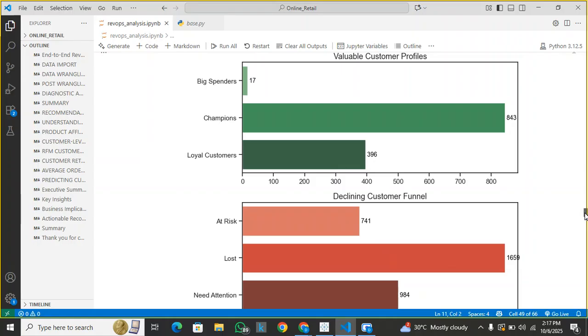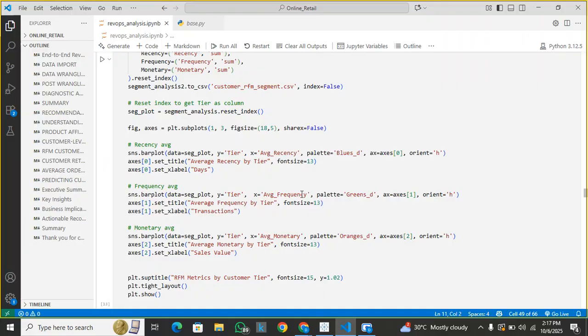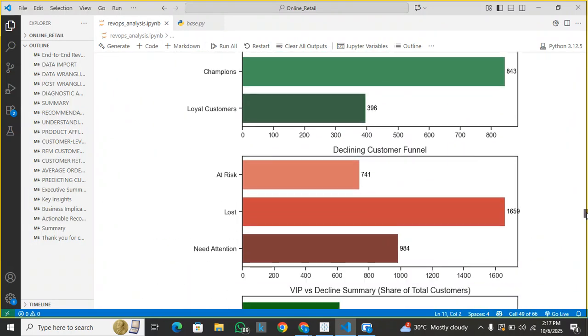When you compare these valuable customer profiles to the declining customer funnel, my mouse is misbehaving. When you compare these two groups of tiers, you see that lost customers are more, and the at-risk customers are actually competing with champions, and need attention are way more than champions.